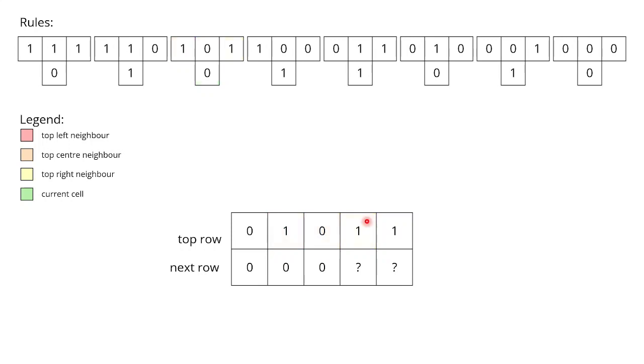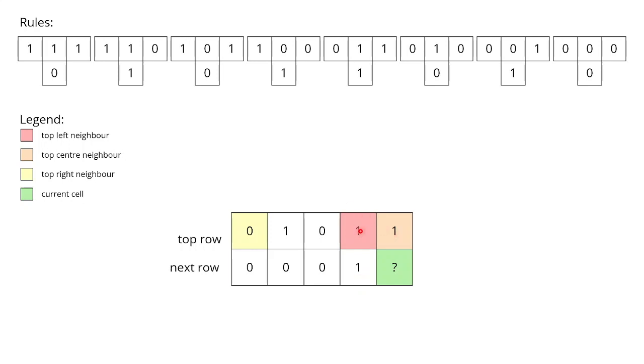Next again, next cell. Neighbors are 0, 1, 1. So 0, 1, 1, where are you? Okay, there. 0, 1, 1. Ang value sa bottom kay 1. Therefore, update question mark to 1. Next. Next cell. Okay.